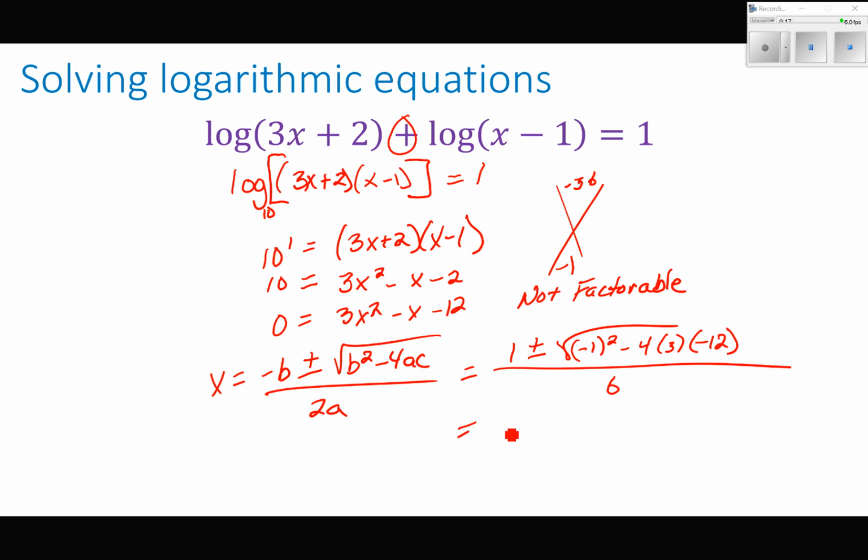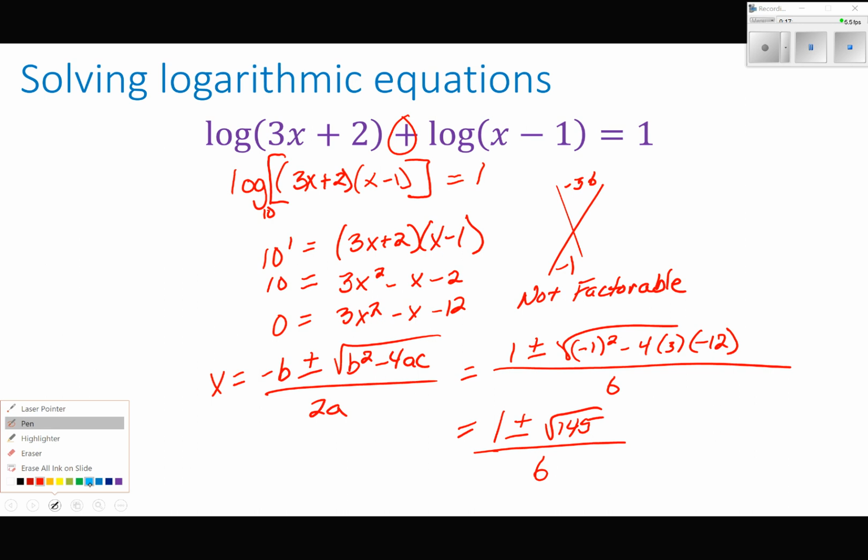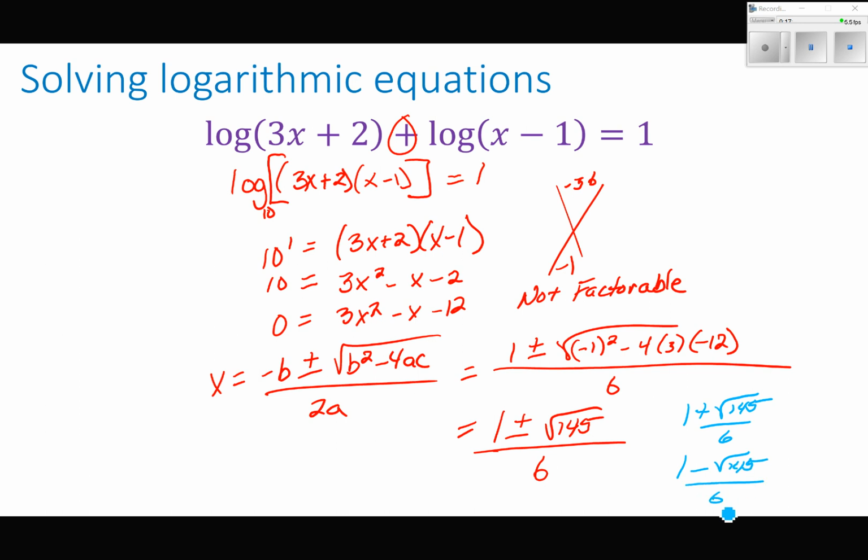So this ends up being 1 plus minus square root 145 all over 6. So what that's saying is I can have two possible solutions. I can say 1 plus square root of 145 over 6 and 1 minus square root of 145 over 6.